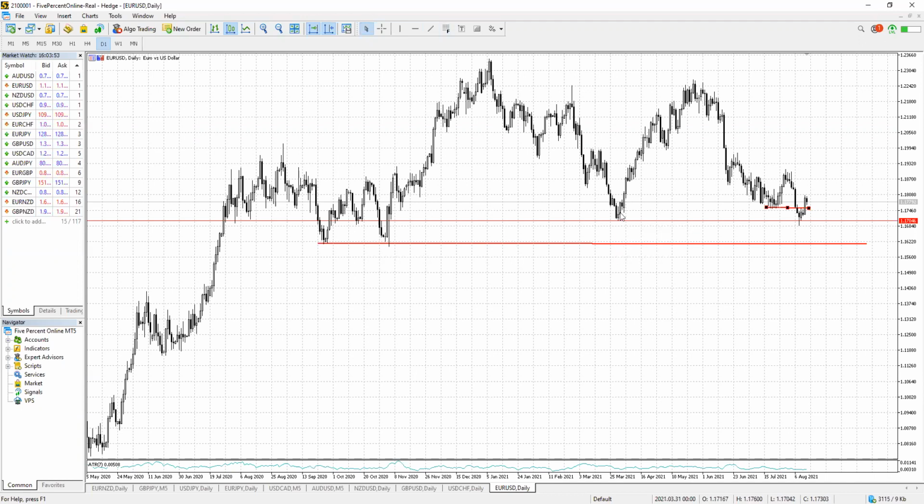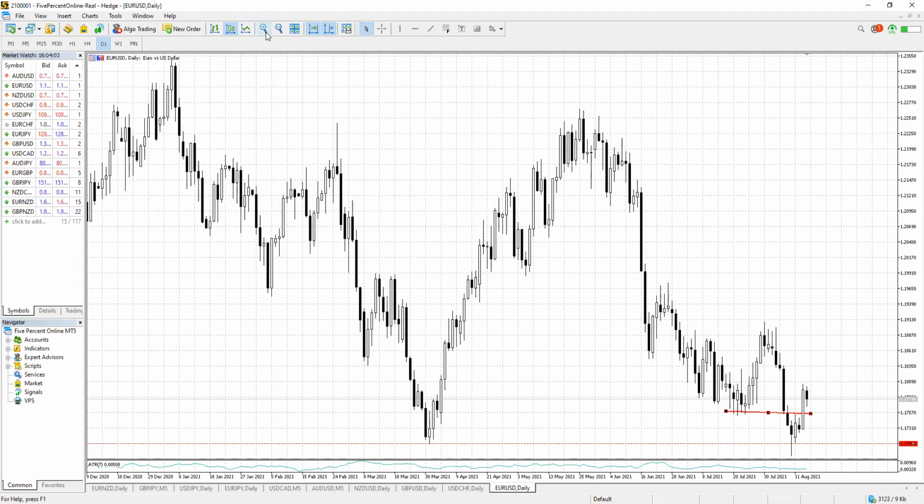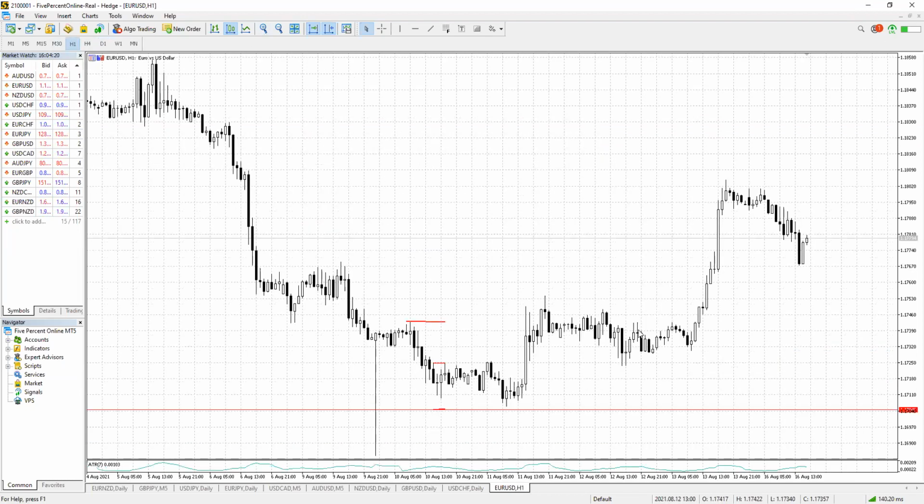We did not identify any key demand here. We did identify demand here, but we didn't reach that area. So market stopped at that support, and there was the test, and again news last week that caused this push higher. So if we zoom into that push, let's just see it more clearly.